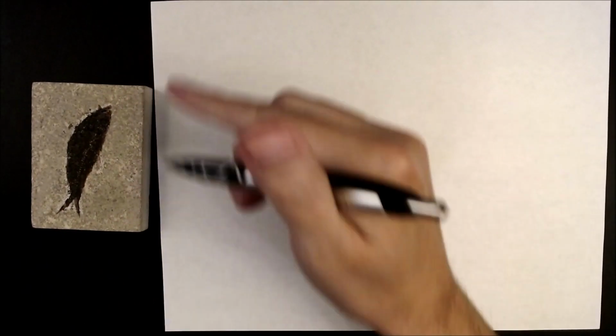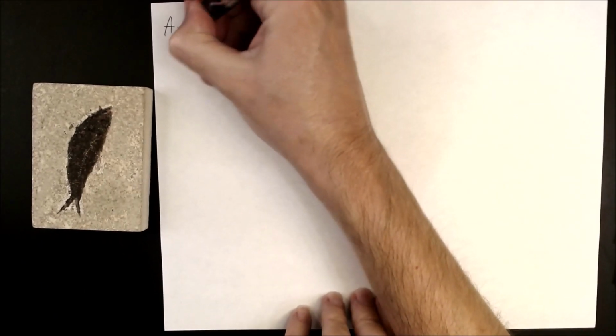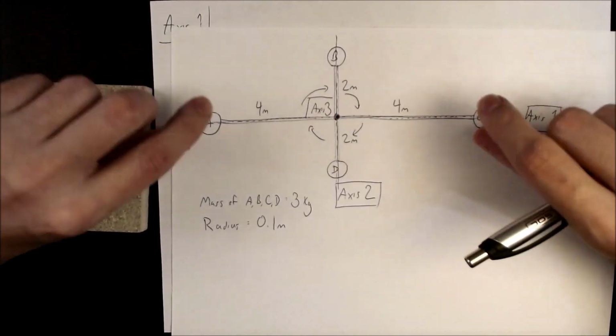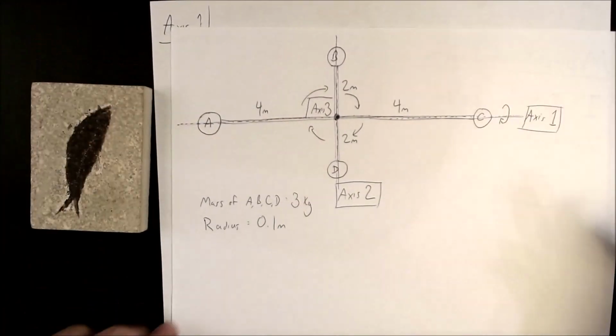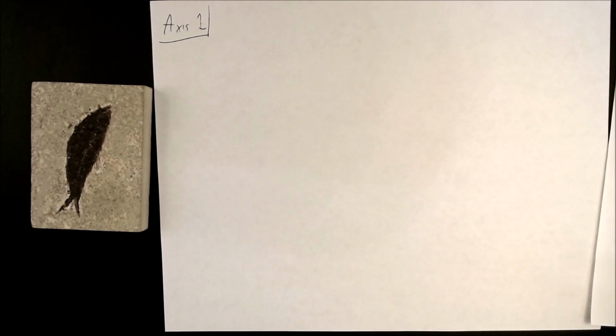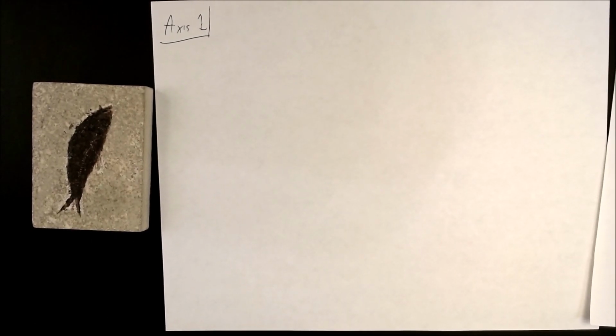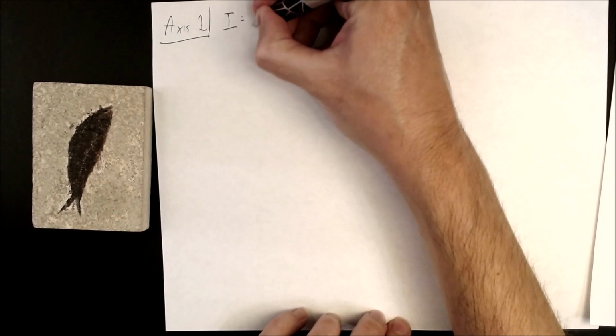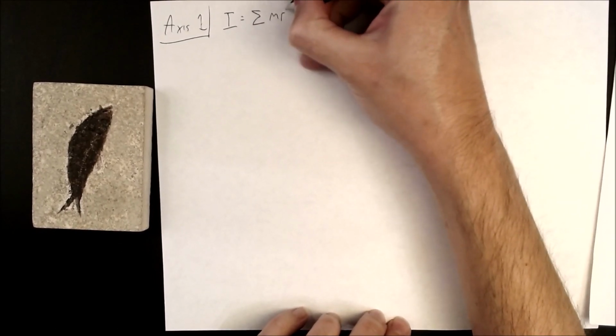To calculate this, let's start with axis 1. Axis 1 is the axis here. And to do this, we need to figure out the total moment of inertia. Remember, moment of inertia is going to be the sum of mr squared.